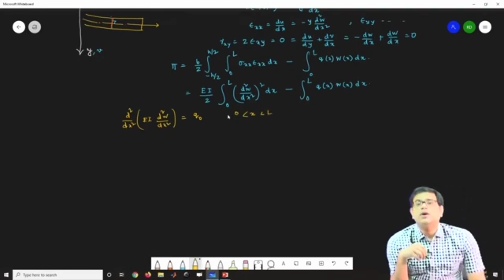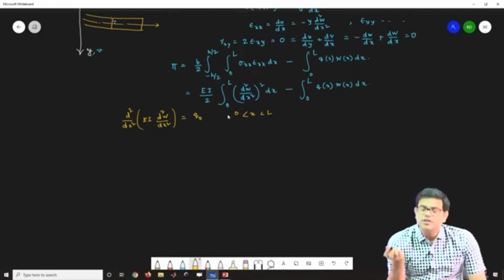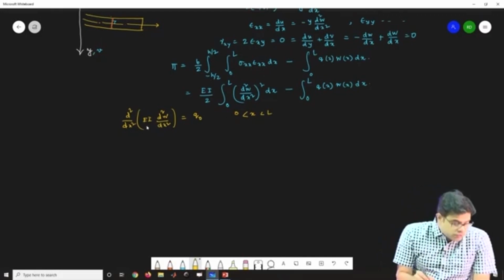So what will be the boundary conditions for this beam? This is a fourth order differential equation, so obviously we need 4 boundary conditions for a unique solution.